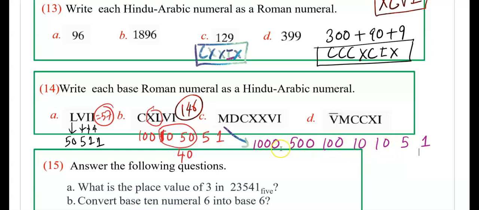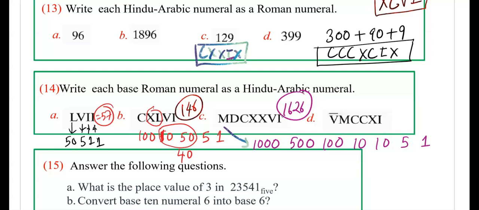The portion is the same, but otherwise it's decreasing. By the time you add all these numbers, that gives you 1626. Make sense? 1626 is MDCXXVI.